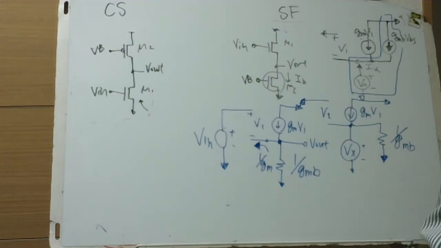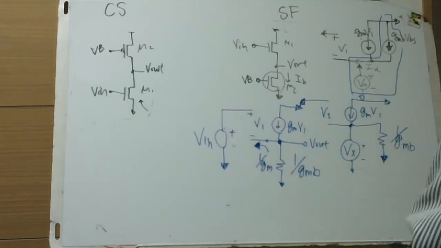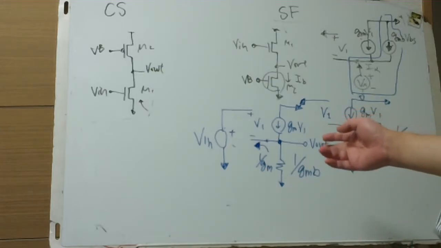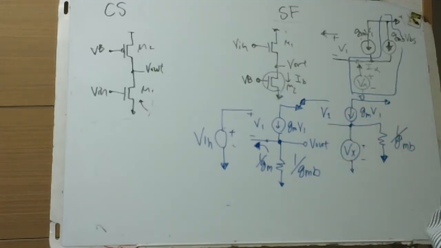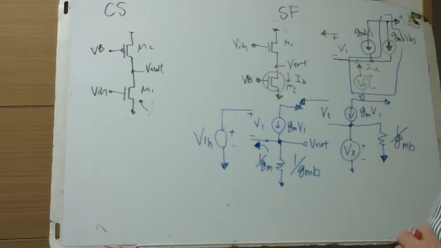So, looking at this equivalent circuit, let's make this simpler using Thevenin equivalent. How can we simplify this circuit?